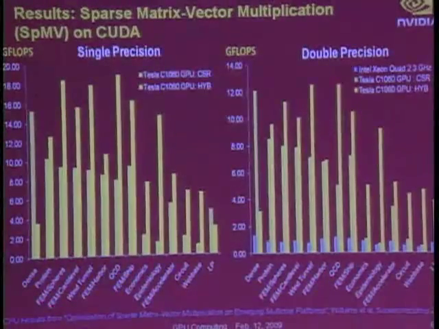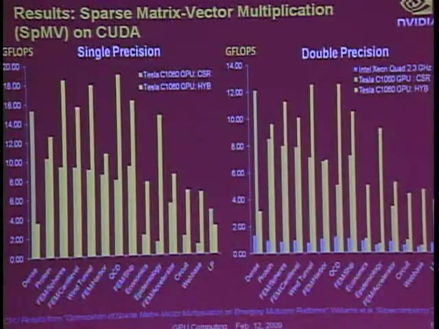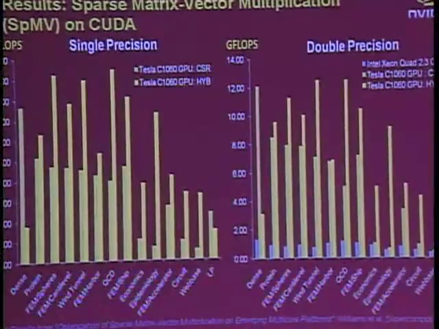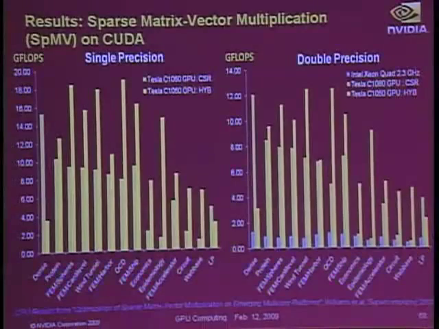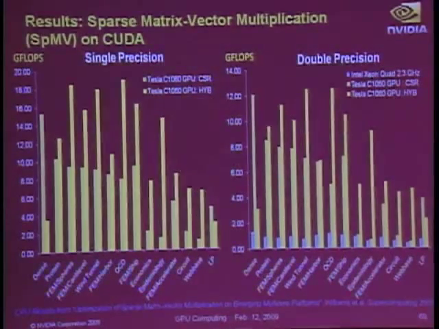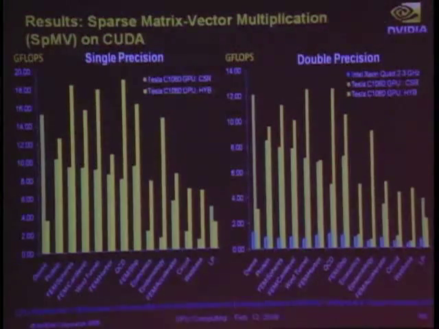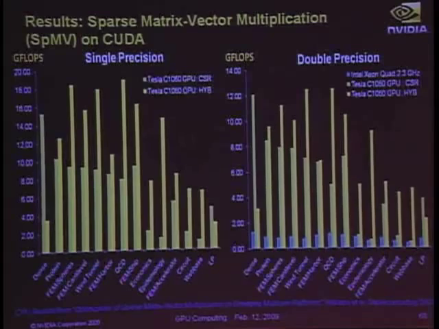What's the difference between the two Tesla models there? Same model, it's a different algorithm. CSR is the compressed sparse row, and the hybrid is a hybrid of that and something else.